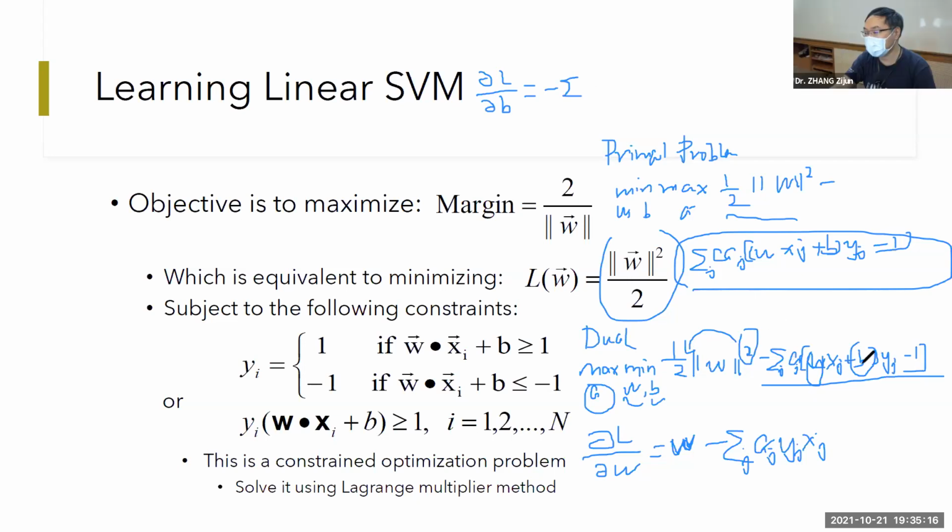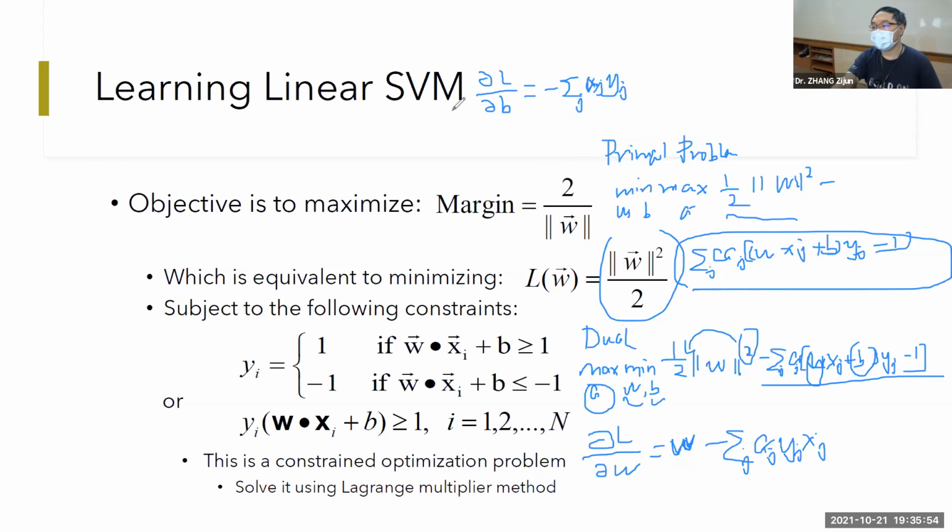And alpha multiplied by b multiplied by y, so it's just alpha_j multiplied by y_j, for all the j.